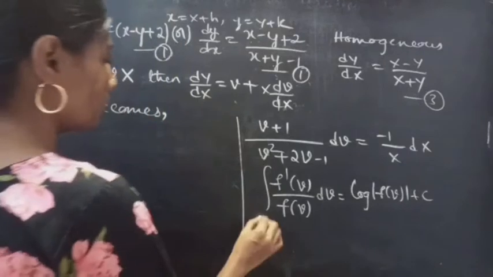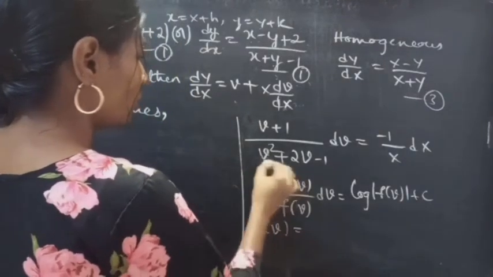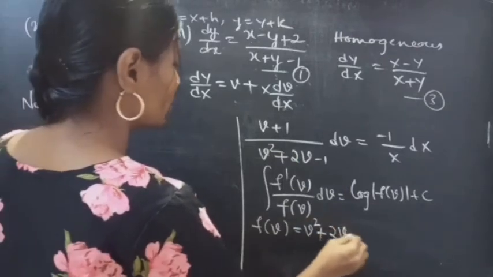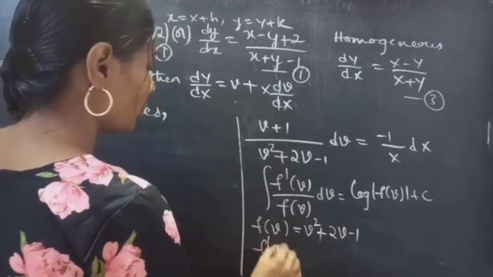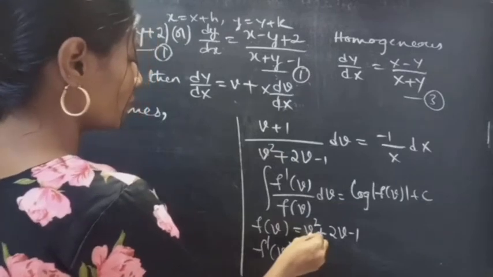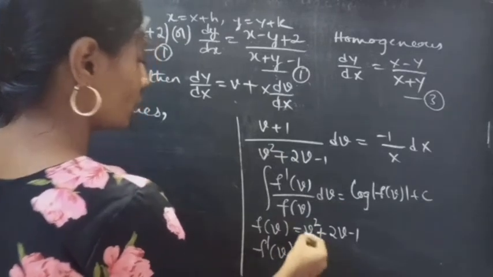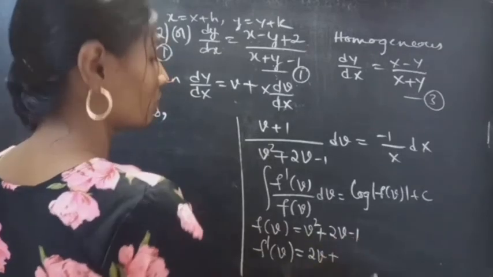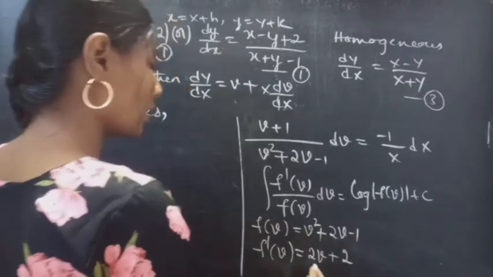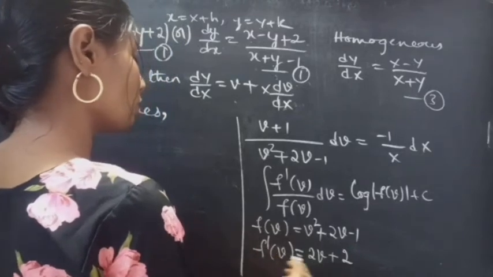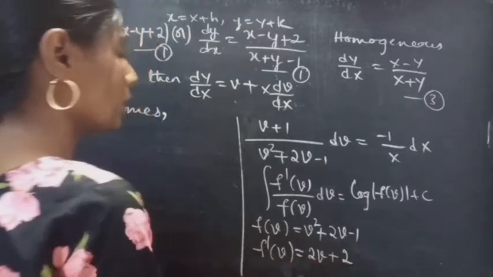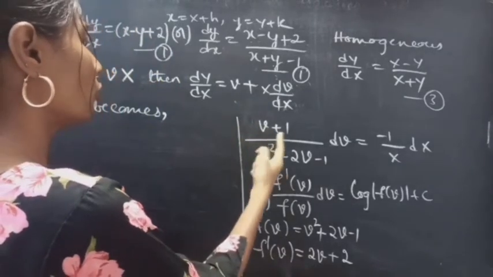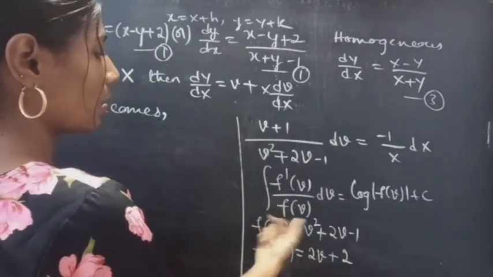Now, if f of v equals the denominator polynomial v square plus 2v minus 1, then f dash of v will be derivative of v square with respect to v, which is 2v, plus derivative of 2v with respect to v, which is 2. So we'll get f dash of v is 2v plus 2. In order to apply this formula, we need a 2 here, right? 2 times v plus 1, so that you can apply this formula.